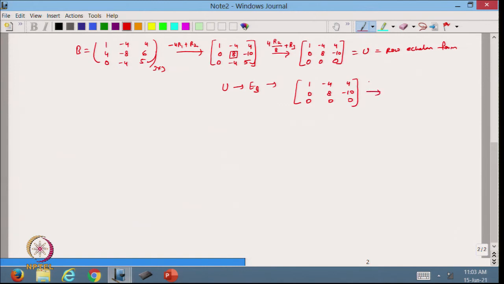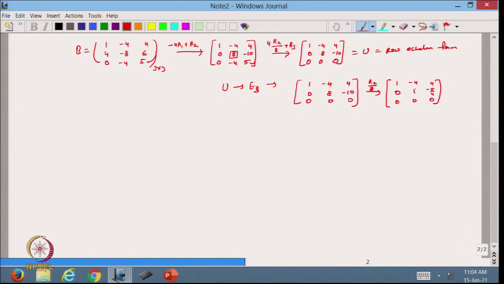I will divide by 8 to make it 1. So, I will take R2 divide by 8. So, it is 1 minus 4 4, 0 1 and it is minus 10 by 8. So, minus 5 by 4 and this is 0 0 0.